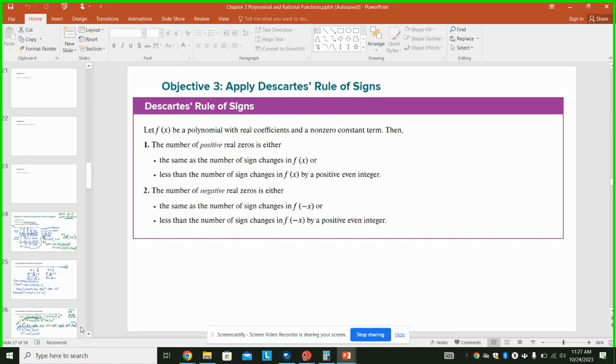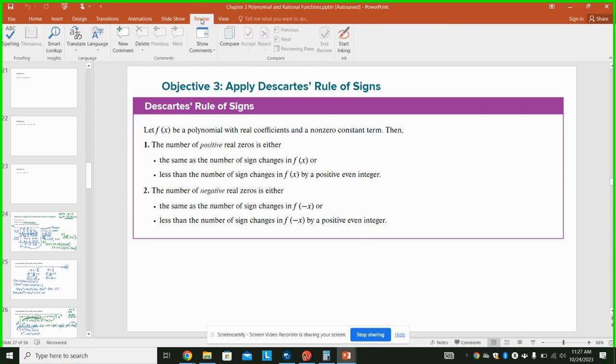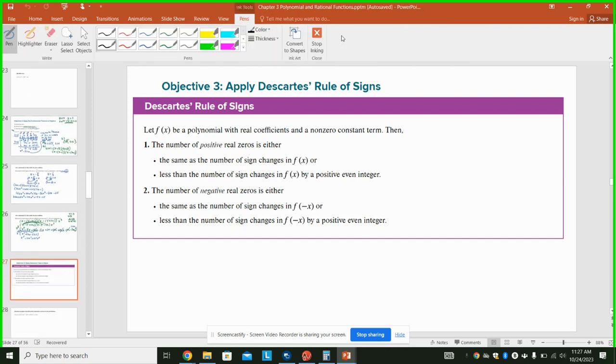So let's just rewrite it. For positive real zeros, count the signs change in f of x.